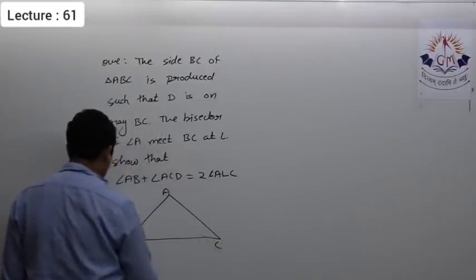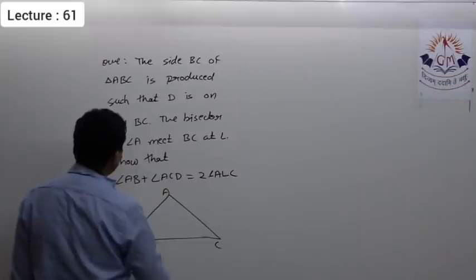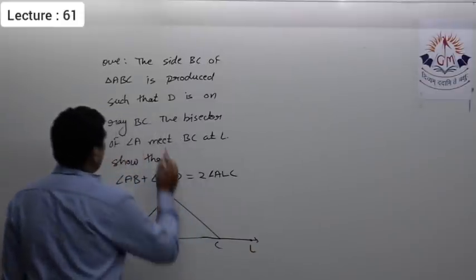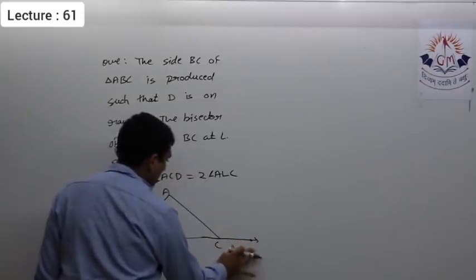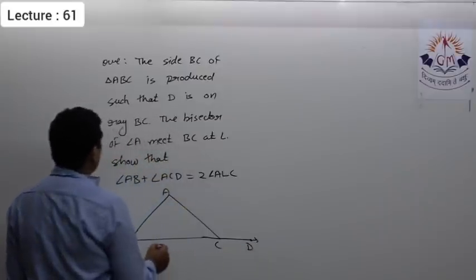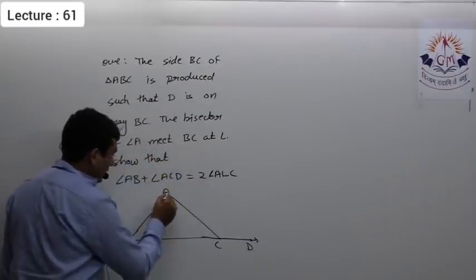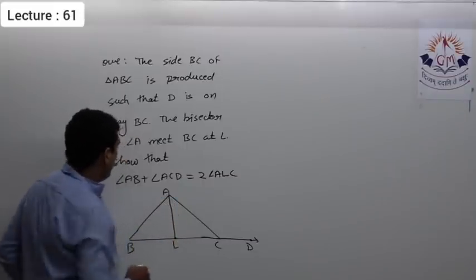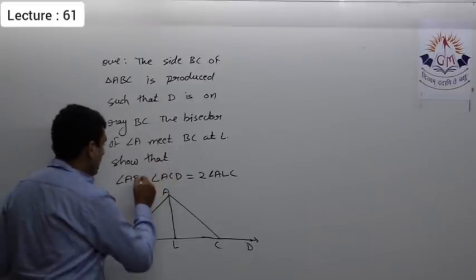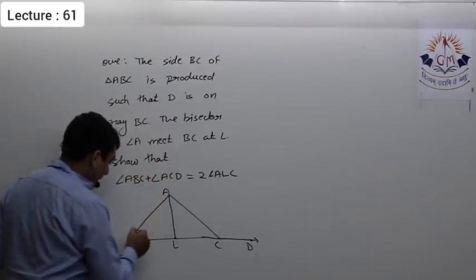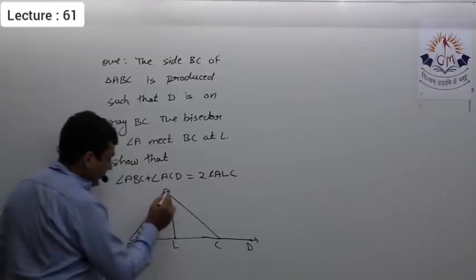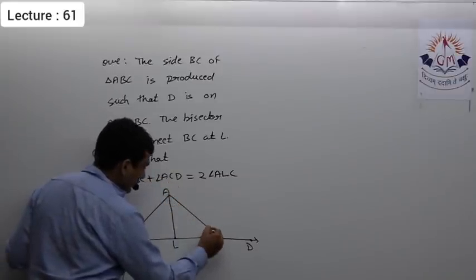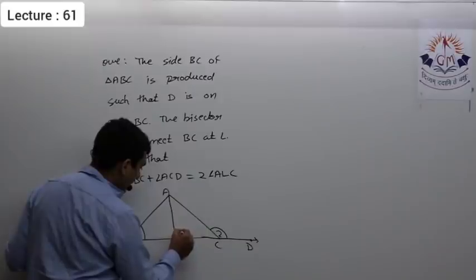Now according to the question, side BC is produced such that D is on ray BC. The bisector of angle A, and this is the bisector of angle A, meets BC at L. Now you have to show angle ABC, that means this angle 1, plus angle ACD, let me call this angle 2, is twice of angle ALC.